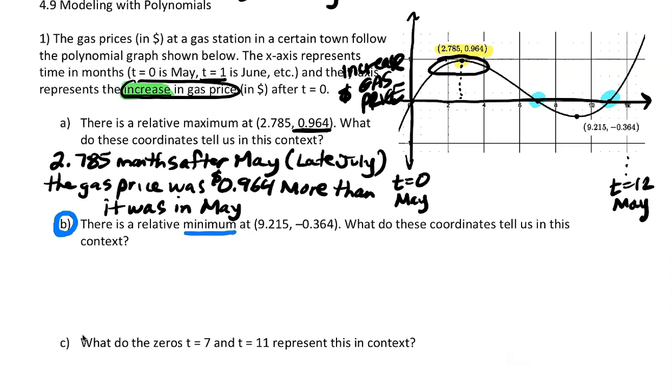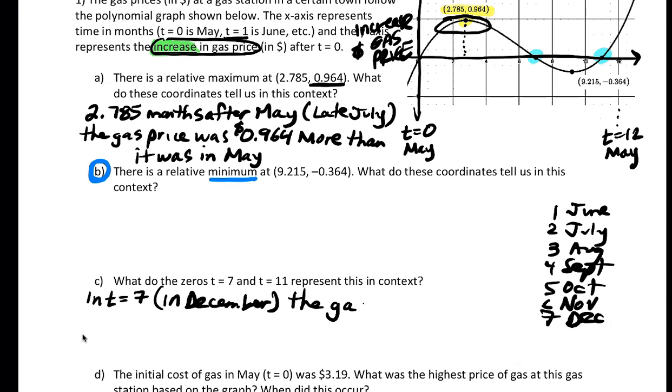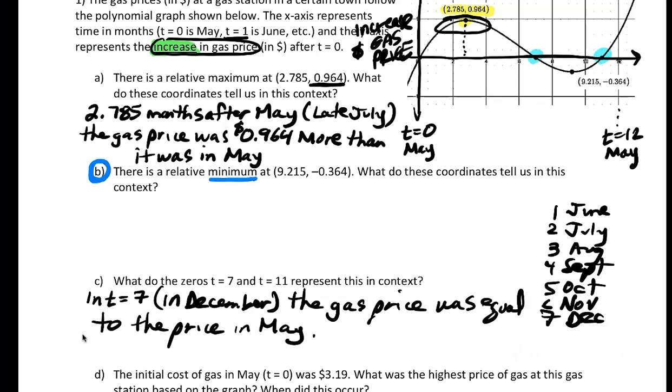So if that increase is at 0, then that would tell us that in t equals 7, which, if May is 0, we would have June is 1, July, August, September, October, November, December. So that's 1, 2, 3, 4, 5, 6, 7. So in December, the gas price was equal to the price in May. Same thing for t equals 11. T equals 11 would be, I think, April.